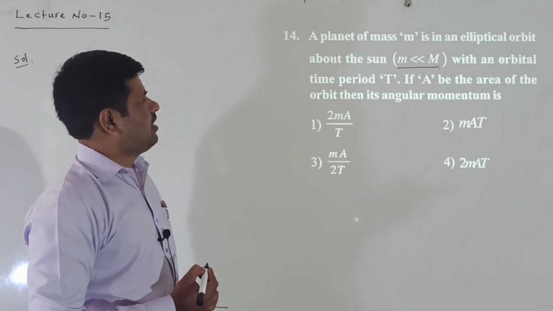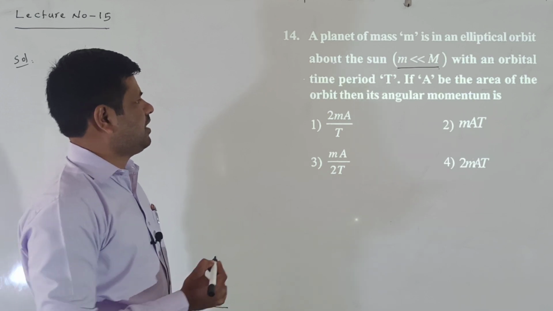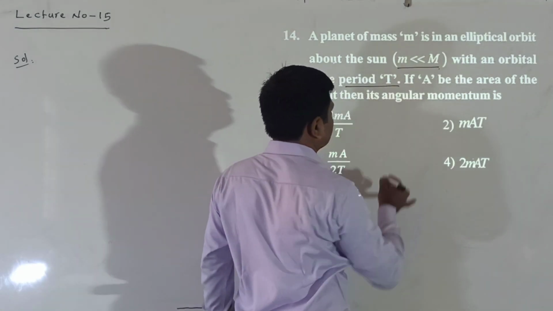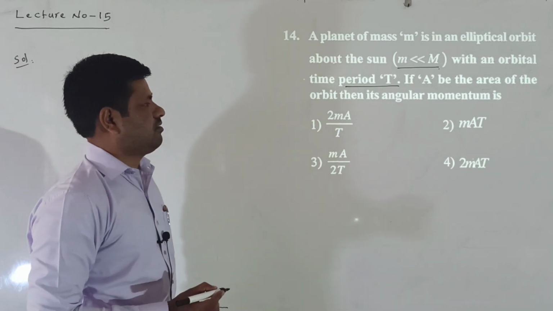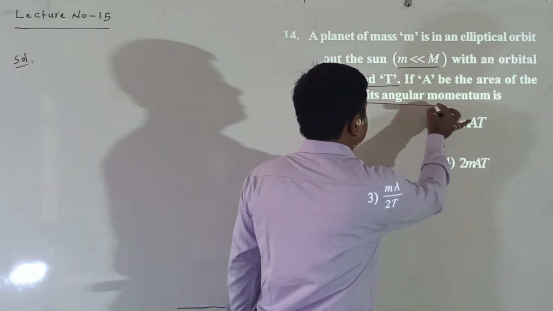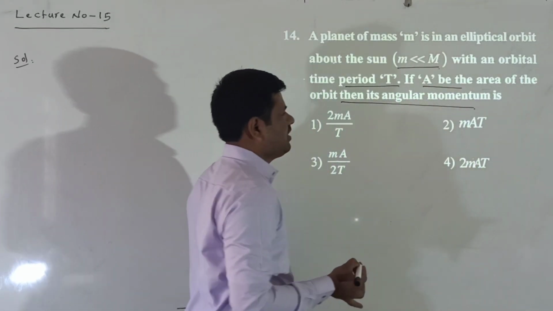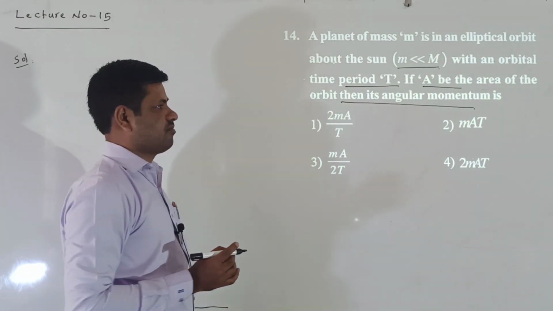Next, with an orbital time period T, area of the orbit A given, time period given, angular momentum is asked.